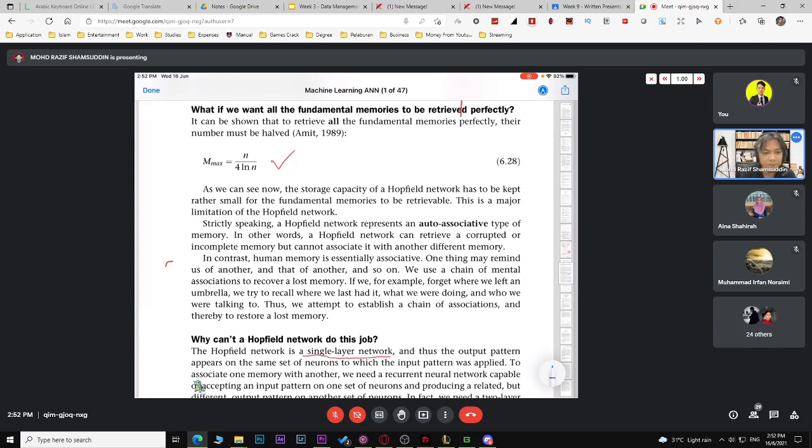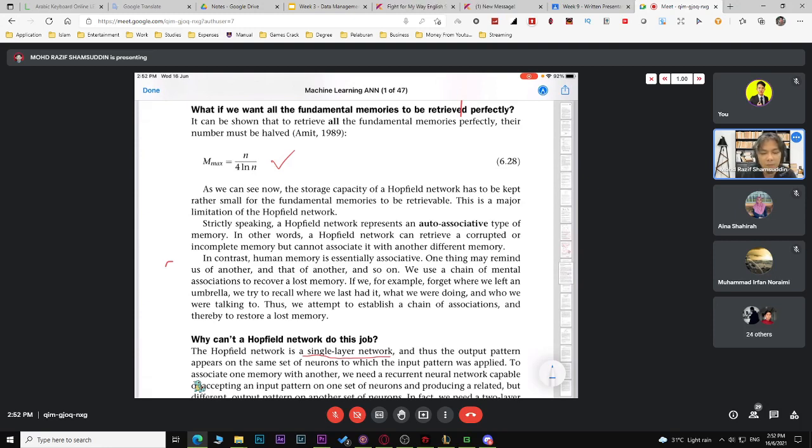Because one, okay, yang ini Hopfield network is a single layer network. Itu satu. Yang kedua adalah a Hopfield network represent an auto-associative type of memory, and although it can retrieve a corrupted or incomplete memory, but cannot associate it with different memory.